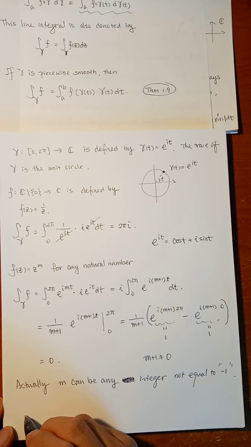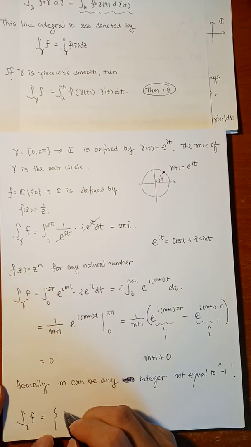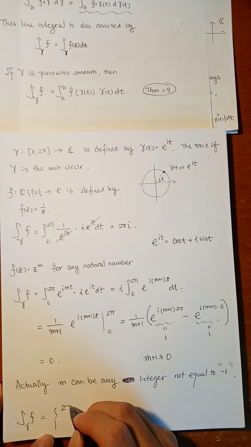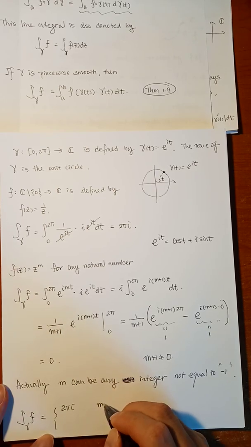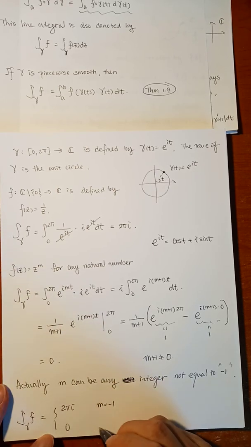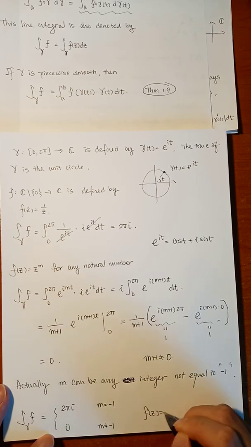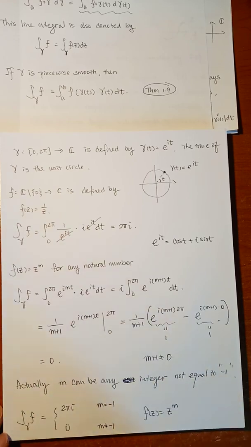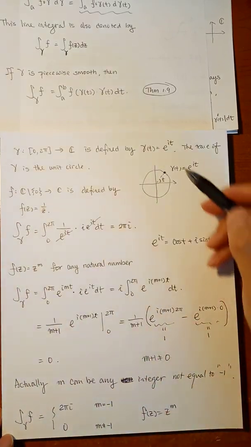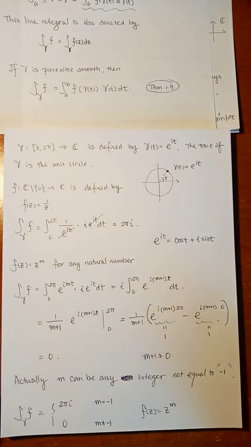So we get the integral of f along gamma is equal to 2 pi i if m is equal to negative 1, and 0 if m is not equal to negative 1. Here f of z is z to the mth power. And of course gamma is this unit circle.